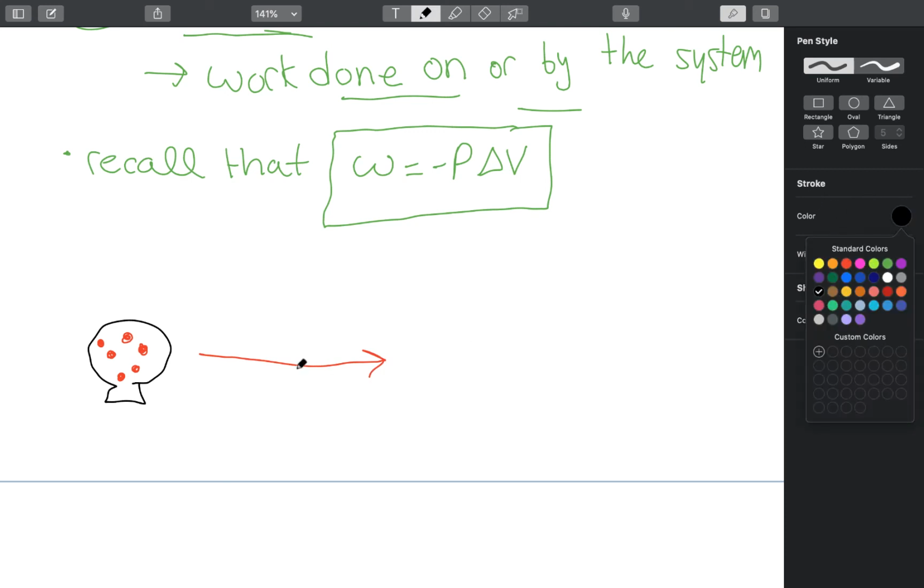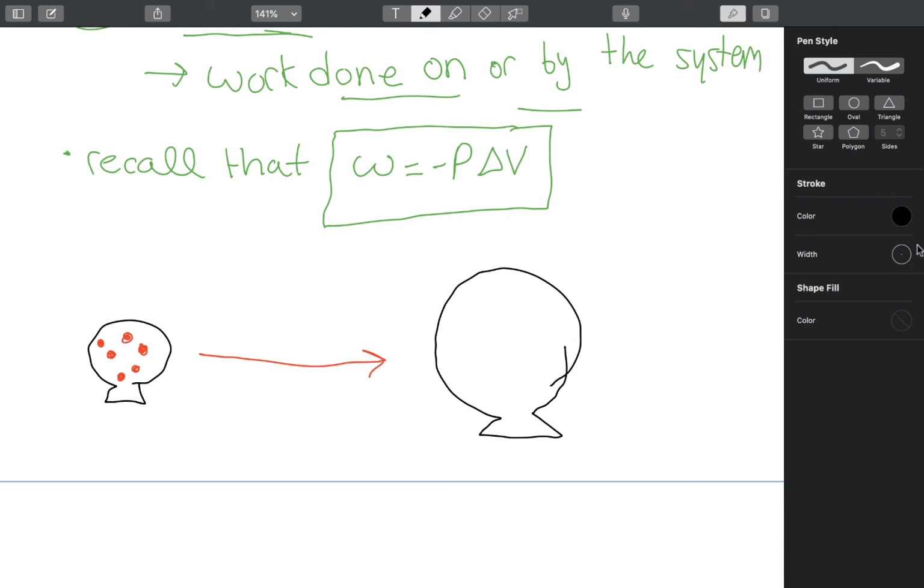Let's say that the pressure inside the balloon is greater than the outside. So let's put our little gas molecules in there. So it expands.